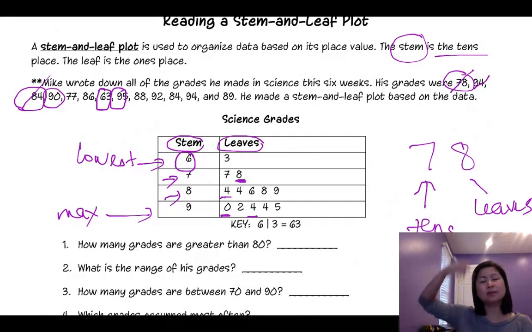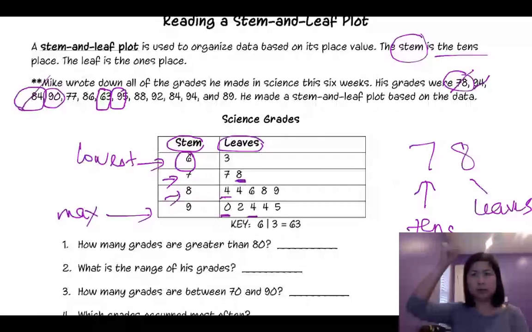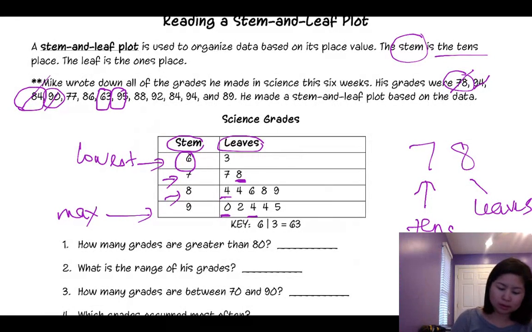Think about it this way: instead of the frequency table where you do the tally, where we count 1, 2, 3, 4, 5, instead of putting down the tally, you put down the ones values, okay? And then we do 77. This is a 7 from the 70s, so this is a 7 from this value, not 78. Okay, so be careful.